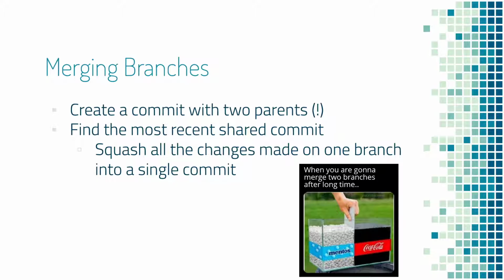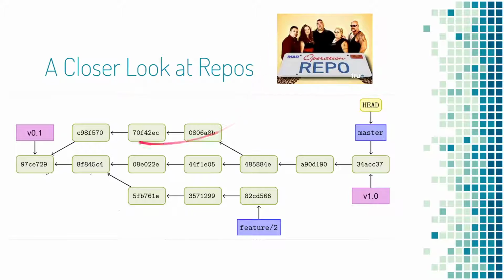And merging branches is where it gets a little bit complicated. So back here, you can see we had two branches. We had this top one and this middle one. And then whoever is working on this repo wanted to take the changes and merge them together. So what they made is called a merge commit, and it's a commit that has two parents.